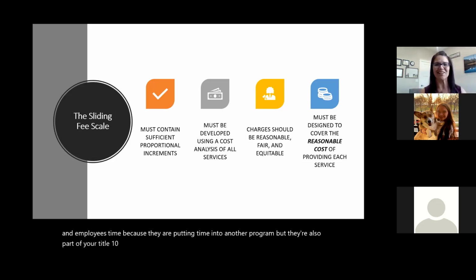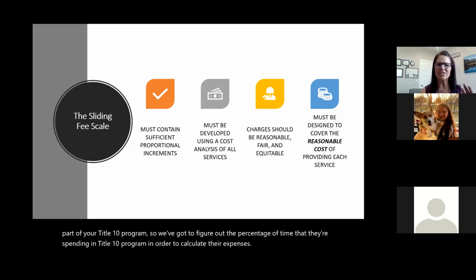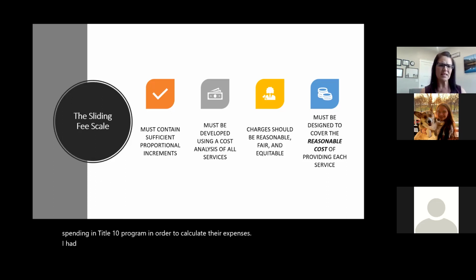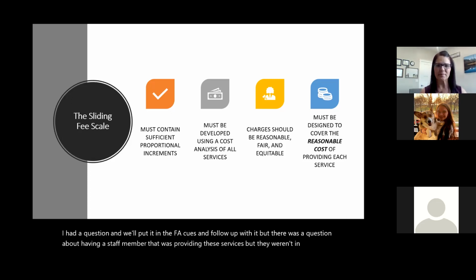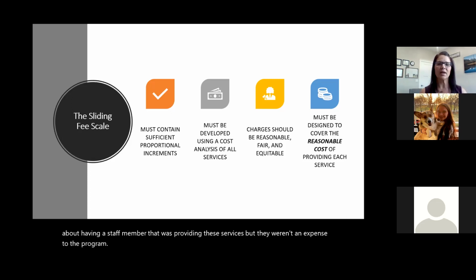So we've got to figure out the percentage of time that they're spending in the Title X program in order to calculate their expenses. I had a question, and we'll put it in the FAQs and follow up with it, but there was a question about having a staff member that was providing these services, but they weren't an expense to the program. And I think, oh, okay, I have more questions.